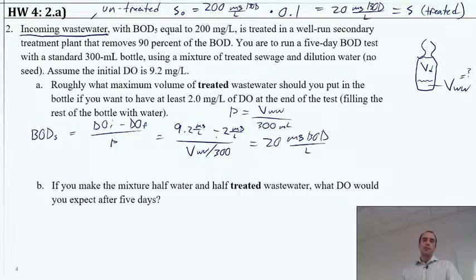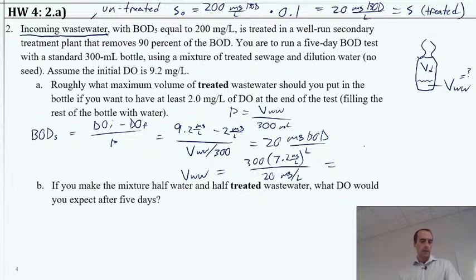Okay, so what that means is on the left side here, we could simply multiply the top and the bottom by 300 and then move around the volume of the wastewater to find that value. So we could say volume of the wastewater should be equal to 300 times this 9.2 minus 2, so 7.2 milligrams per liter oxygen divided by the 20 milligrams per liter of BOD.